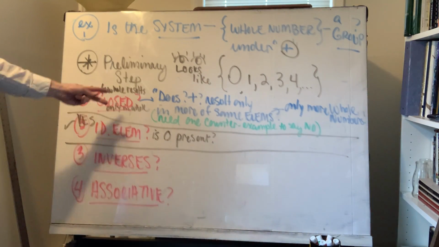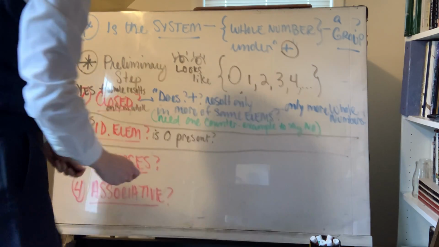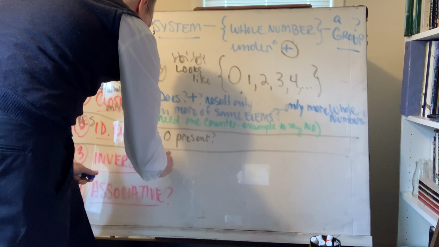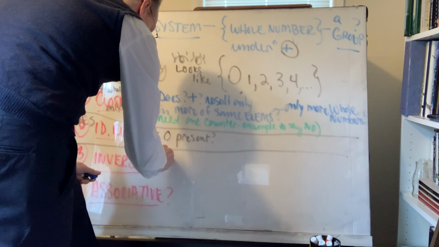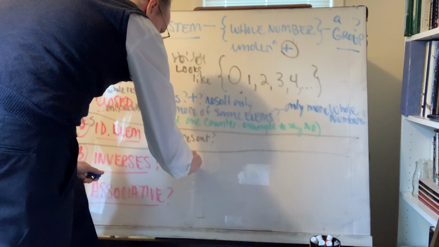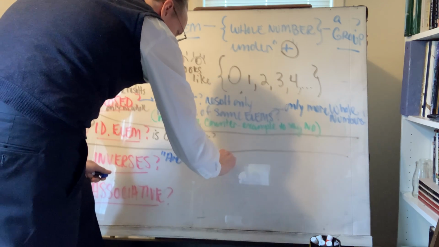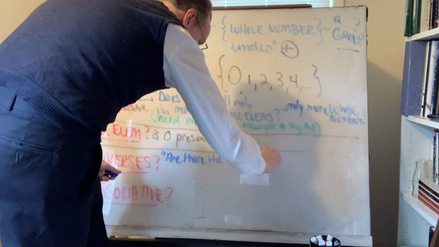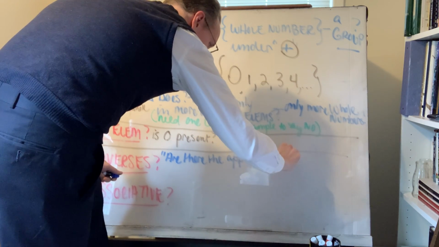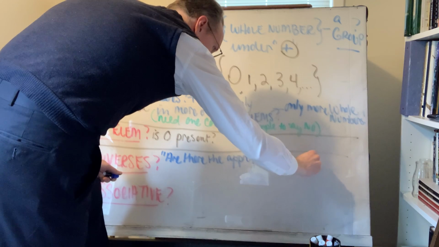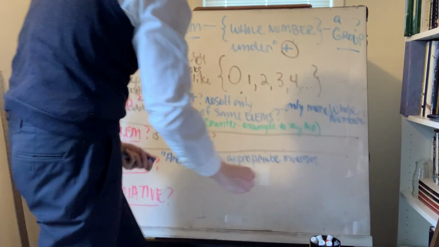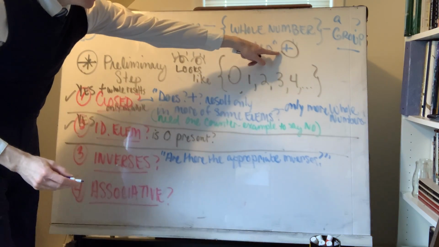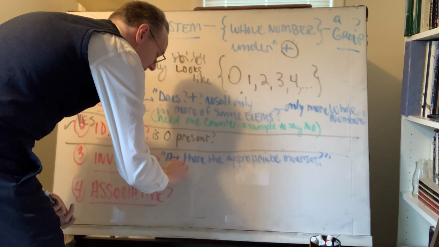Are there the appropriate inverses? Since we're dealing with whole numbers, are there the appropriate inverses? The appropriate inverses when we're talking about the operation of addition would be basically negatives.